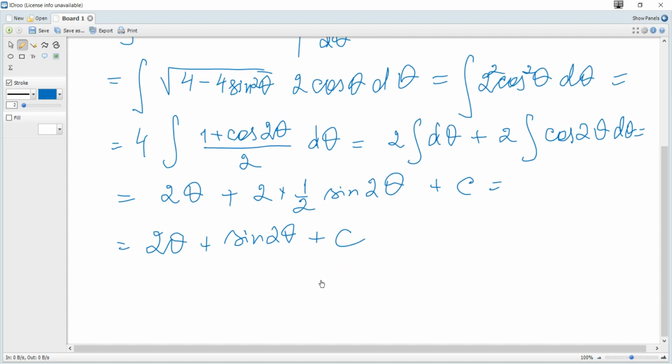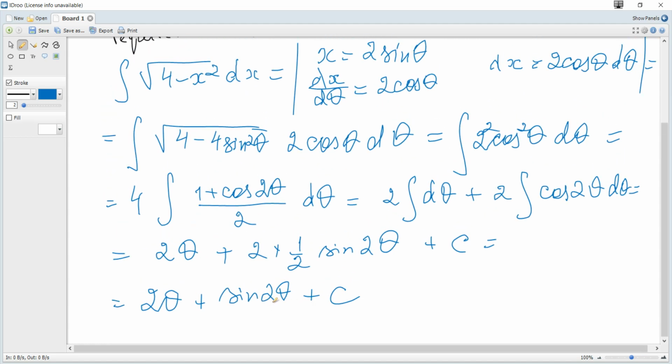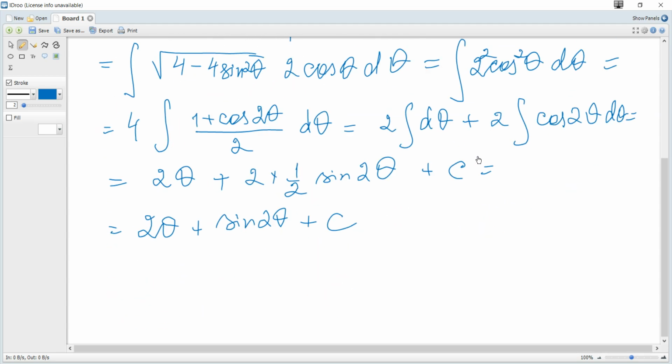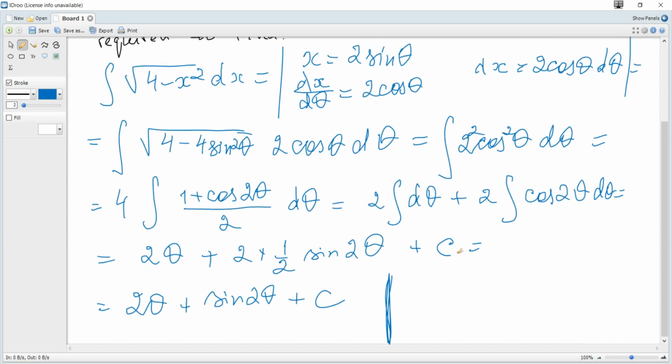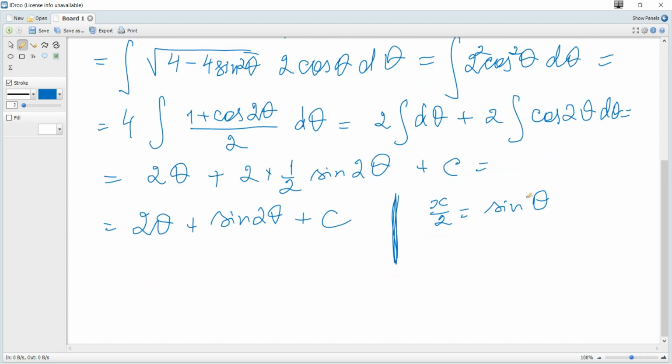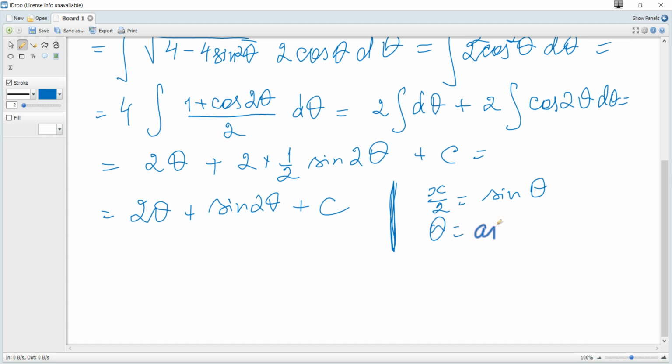But here we should solve for theta, and then we need to find sine of 2 theta from this. So how to do that? Definitely, if x is 2 times sine of theta, x over 2 is sine of theta, so theta is arcsine of x over 2.